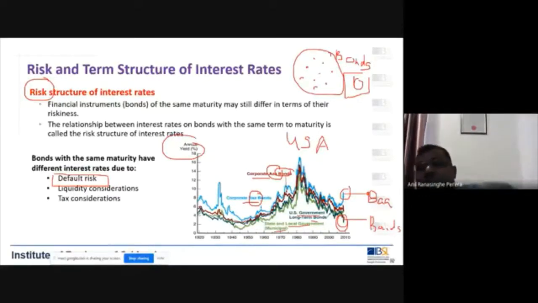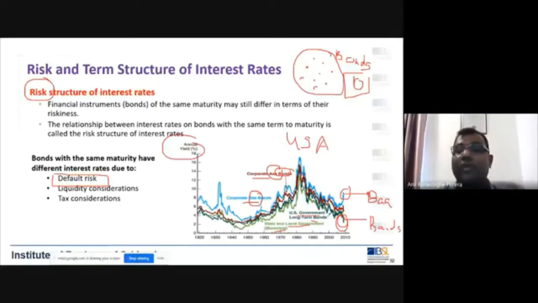Government bonds are generally having a low possibility of defaulting. Usually governments don't default, they pay. Whenever they are in a position to pay, they pay. Government can print money and pay debt. It's possible. So governments usually do not default, and as a result, they have low interest rates. Corporates, you don't know.